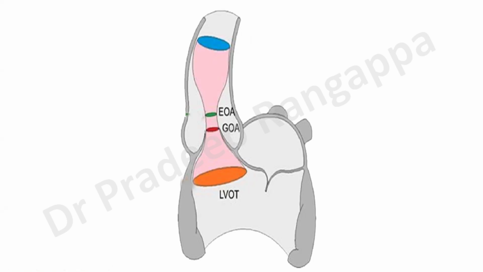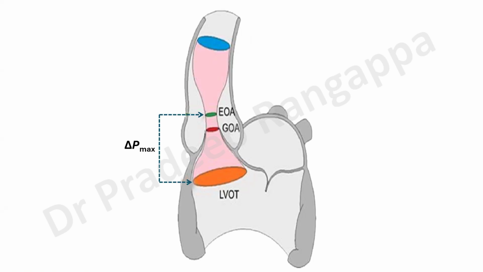So there are two velocities that we look at. One is at the LVOT area, where we measure the velocity, which is called the LVOT velocity time integral. Then we take an area where the velocity peaks, because as the opening becomes narrow, the velocity tends to increase. This is the EOA, the effective orifice area. GOA is the geometric orifice area, but just remember EOA, effective orifice area.